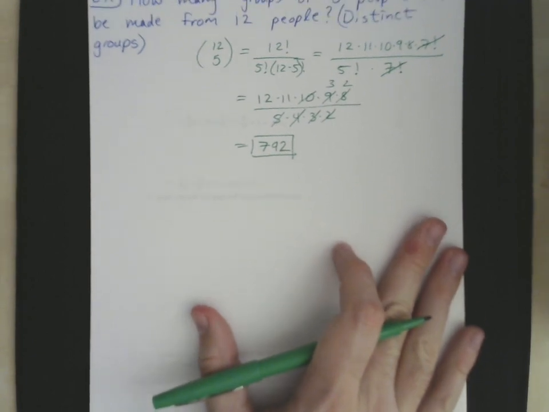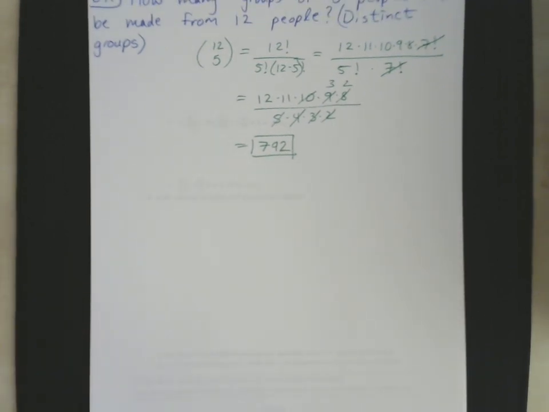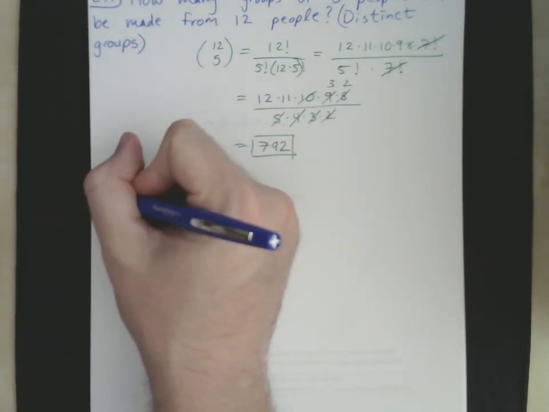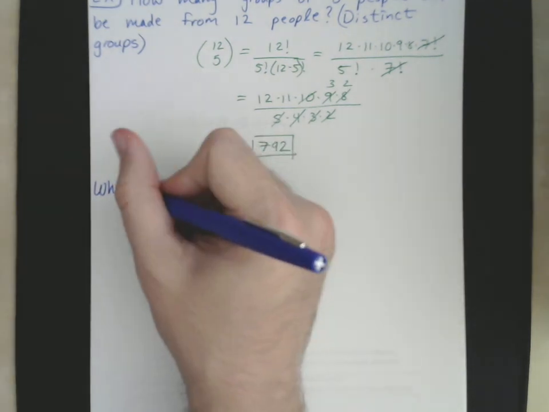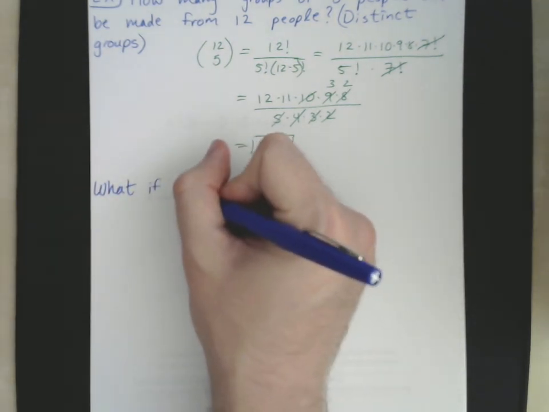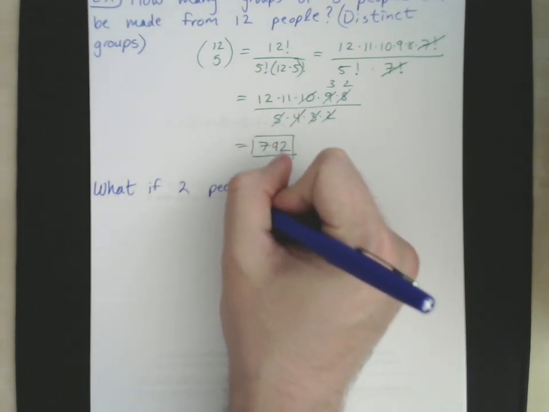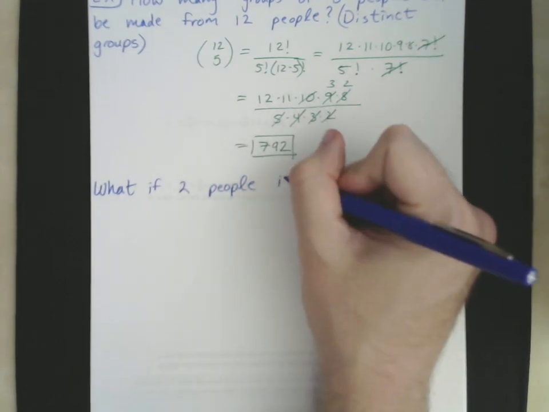This isn't as common because there are usually restrictions placed on grouping up items or elements or people. So let's say we have 2 very particular people and they insist on working together.